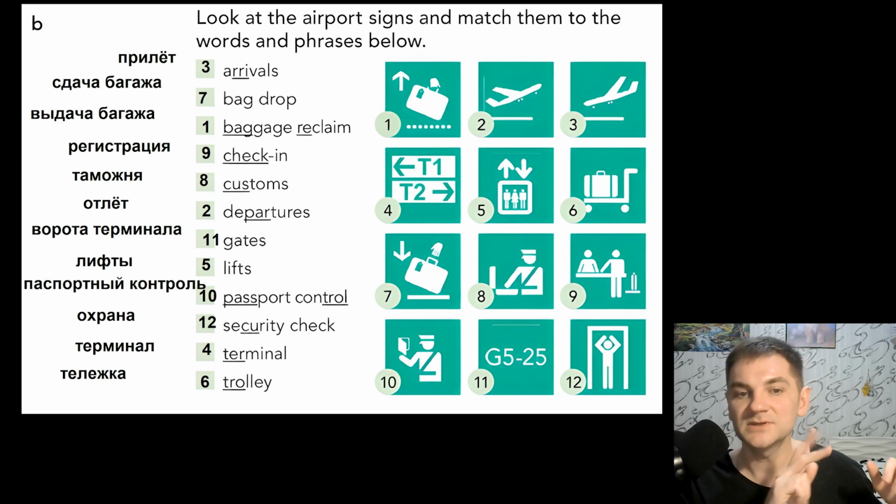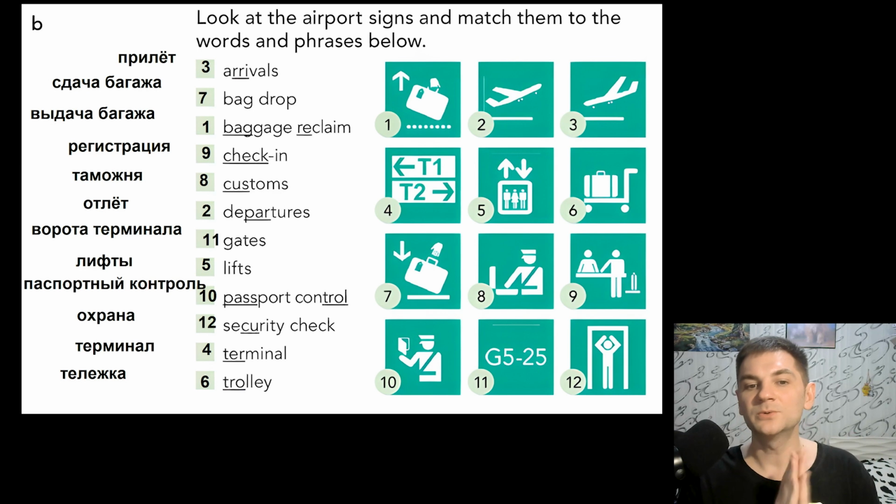The place you need to go where you wait before you go somewhere by plane. It's like a big waiting area. Number 3, arrivals. The place where you go after the plane lands. When your plane arrives at the airport, your family and friends will meet you at arrivals.